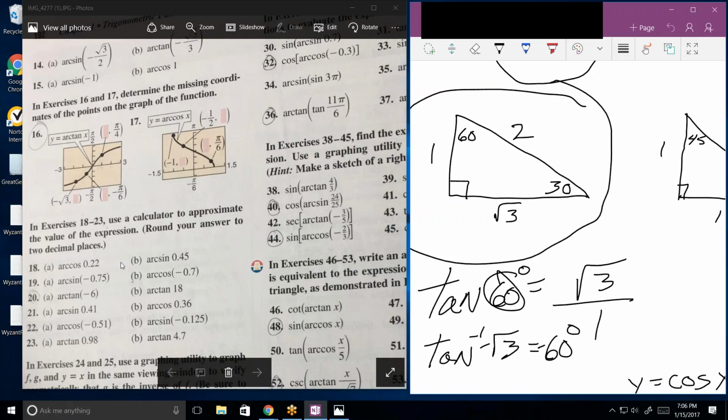So whatever your calculator is set on, it'll give it to you in that. You maybe need to label your answer as either degrees or radians, but you don't have to have it set on either one. It'll read the argument as a number, and then give you the answer in either radians or degrees, depending on what your calculator's set on.